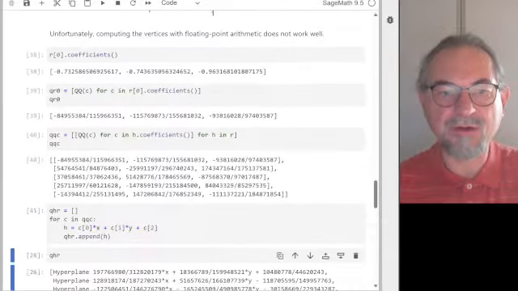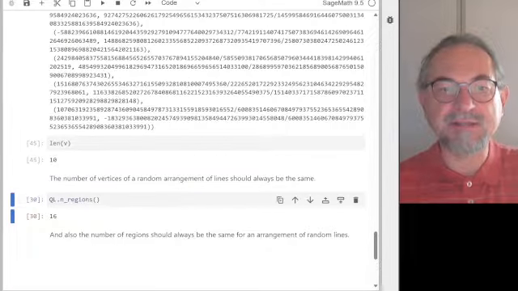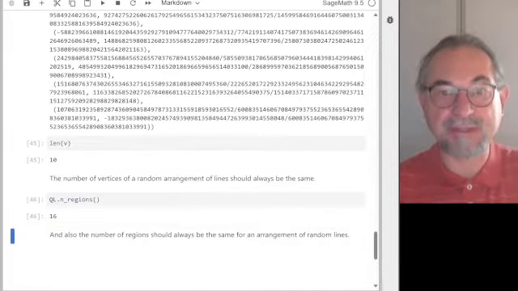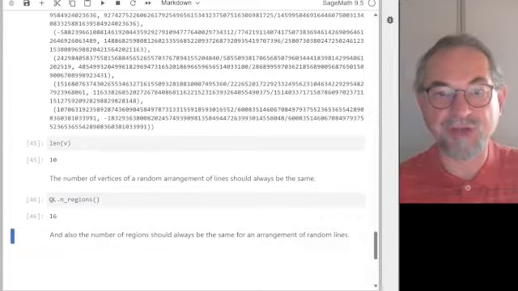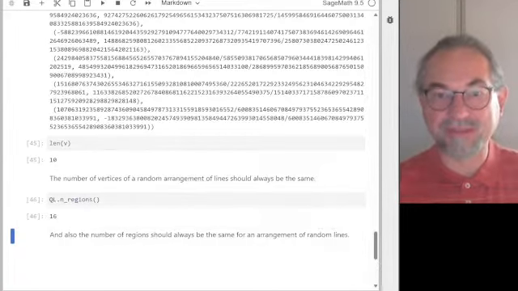So let me now recompute the vertices. And then you see that the two numbers, 10 and 16, did not change. They stayed the same. So that's an important experiment.